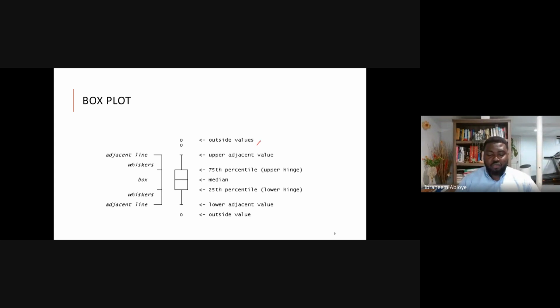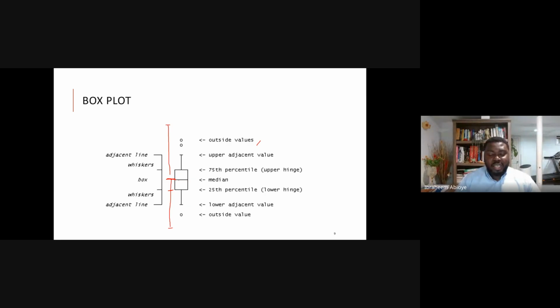If you had values from the smallest all the way to the largest, and you ranked them like we said, in the middle you have the median, which is at the 50th percentile. Below that, you have the 25th percentile, where there's 25% of the values below.